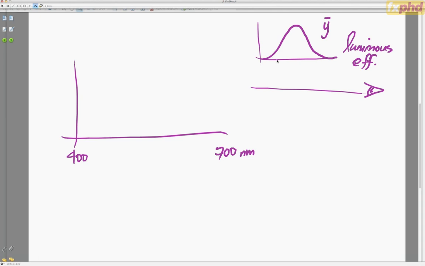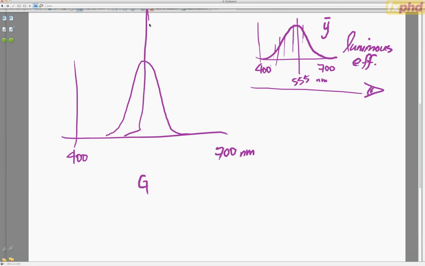So how bright something looks is weighted underneath that curve. And that curve goes from 400 to 700 nanometers, and it peaks at about 555. Now, you can choose to generate light like this for green, or light like this for green.